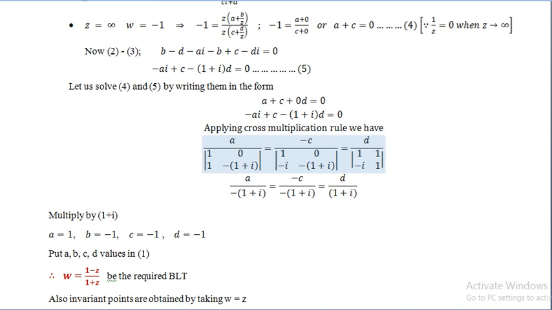So a divided by, now use the coefficient of c and d in both equations. The coefficient of c is 1, d is 0; c is 1, d is minus of 1 plus i.